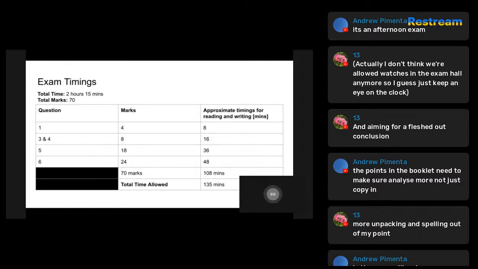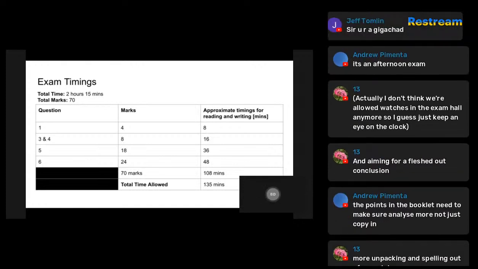Now, 70 marks in total is 108 minutes in total if you use my timings. And if you use those timings, you've still got a little bit under half an hour left.